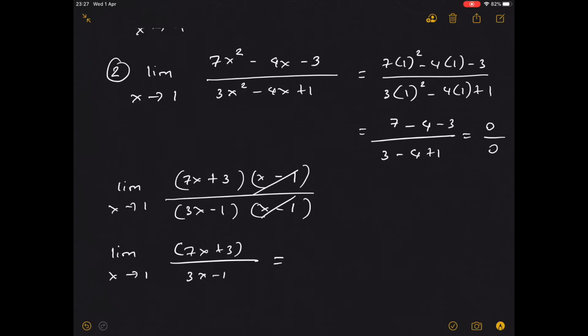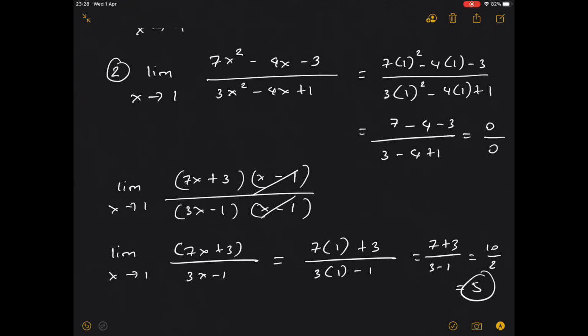Then substitute x equal to 1, so you will have 7 multiplied by 1 plus 3 over 3 multiplied by 1 minus 1. This gives 7 plus 3 over 3 minus 1, which is 10 over 2, equal to 5. So the limit of that example is equal to 5.